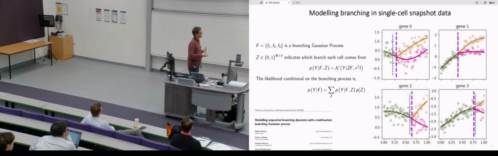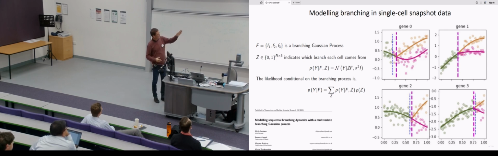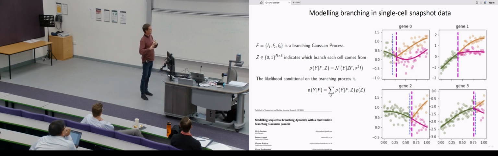But we also have this interesting thing that the branching can happen early or late for different genes. So we came up with a GP model that solves the problem of trying to find early branching genes in single-cell data where you don't know which branch it comes from, and you have to do all that inference at the same time. So it's kind of horrendous from an inference perspective.